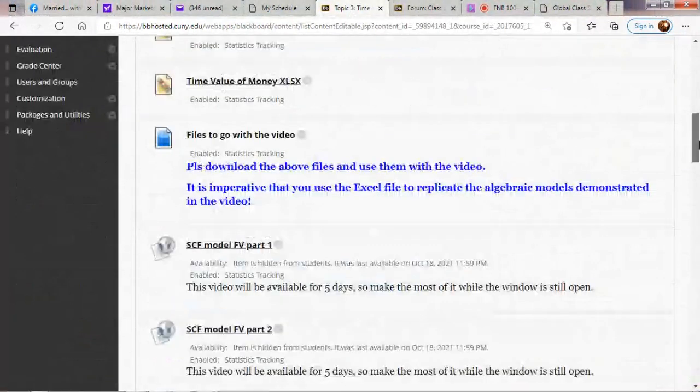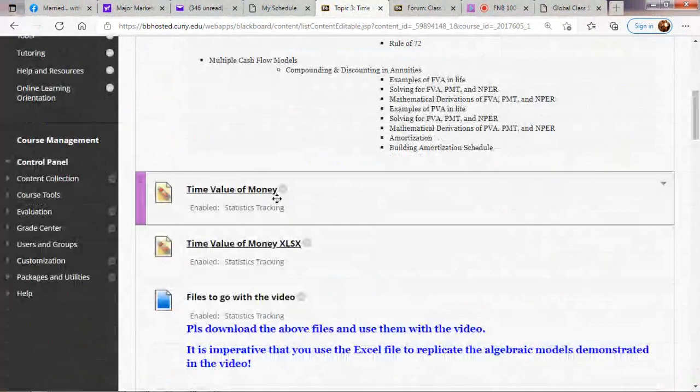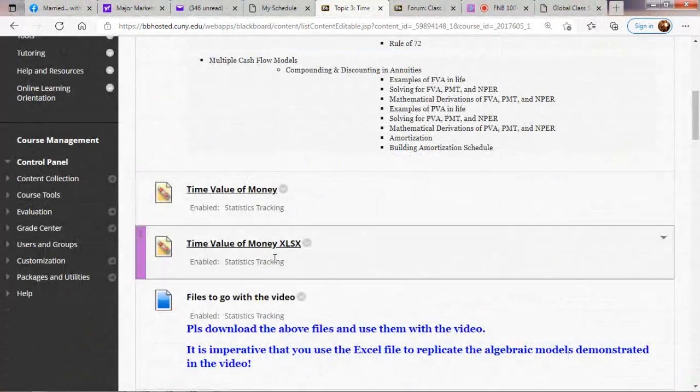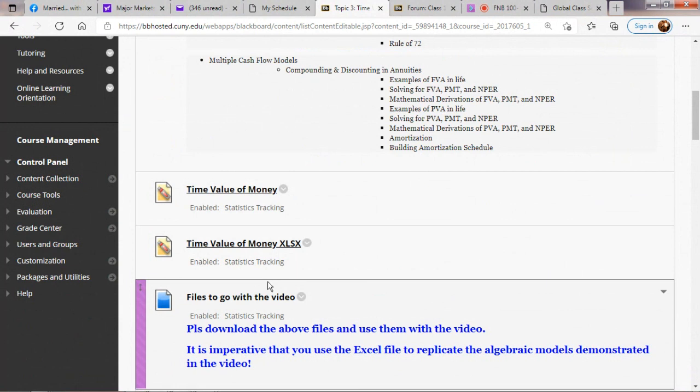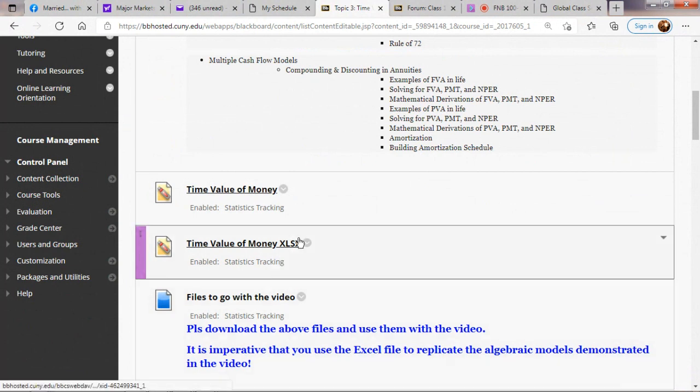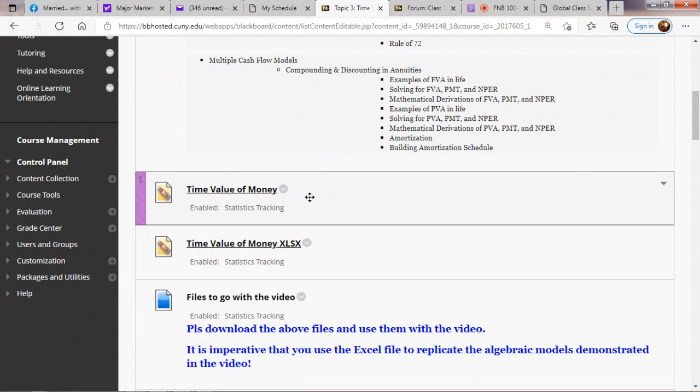In topic 3, and in every topic folder, there are 2 files that you have to download. When you were doing topic 3 by main lecture, you should have downloaded these files and used them with the video.